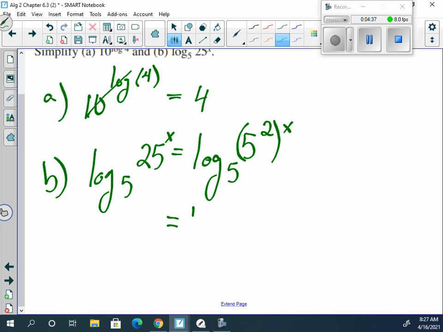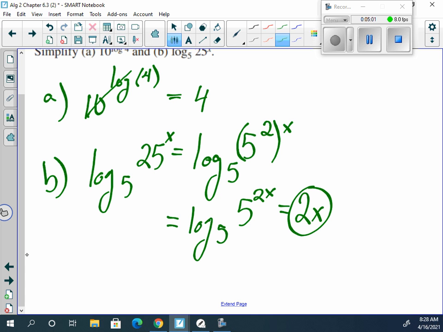You can put it to the side also, you don't have to write it below. Because really what's inside this log, when we have 5 squared to the x, powers of powers, we multiply. So we'd have 5 to the 2x. And this here would simplify to what? To just 2x, because log base 5 of 5 simplifies to 1.